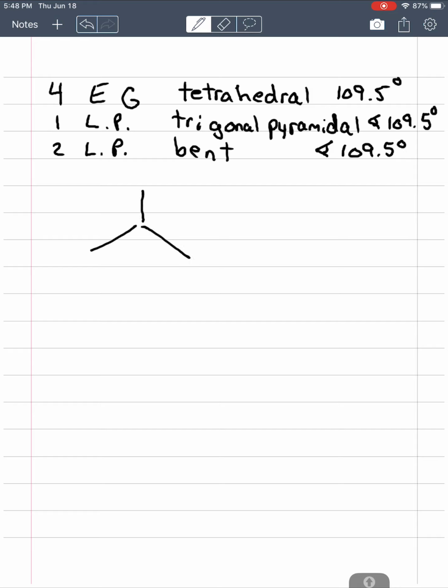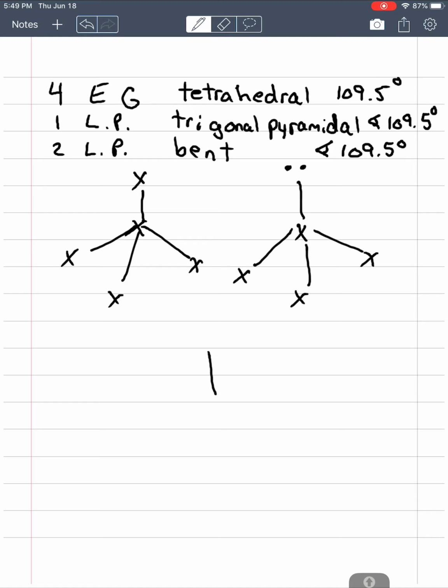So we had this tripod shape with something that goes straight up. That's tetrahedral. And we looked at it when everything was an atom. Then we looked at it when one thing was a lone pair.